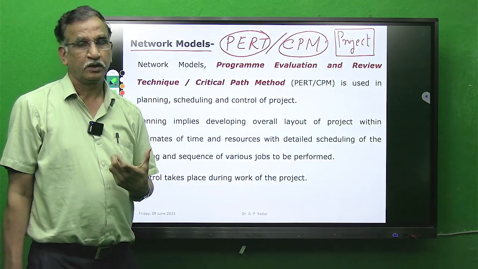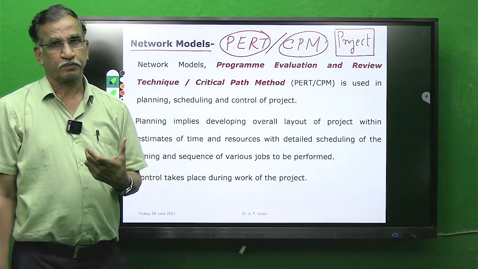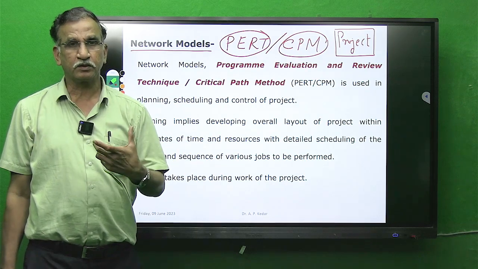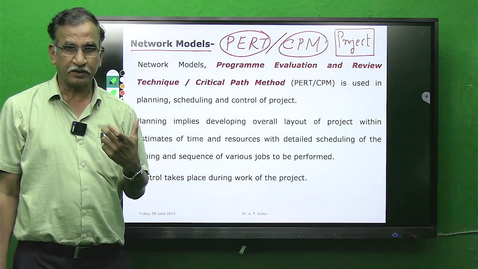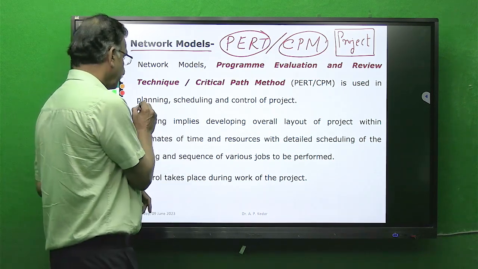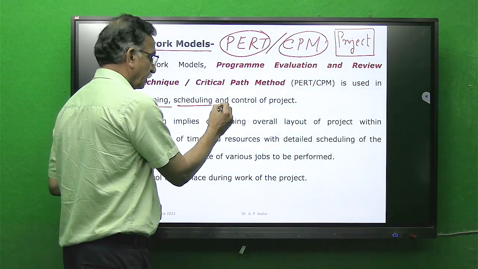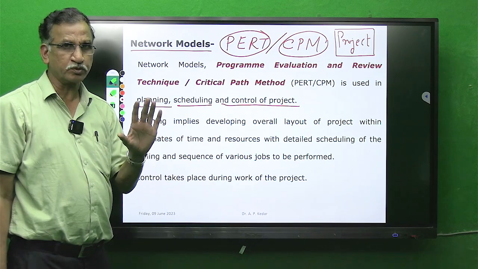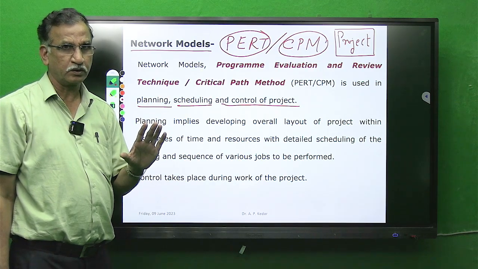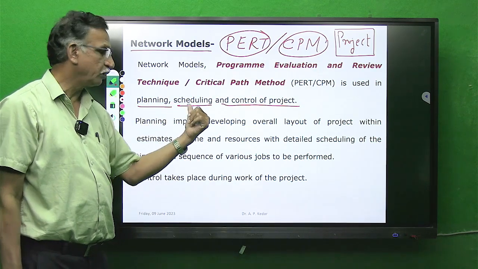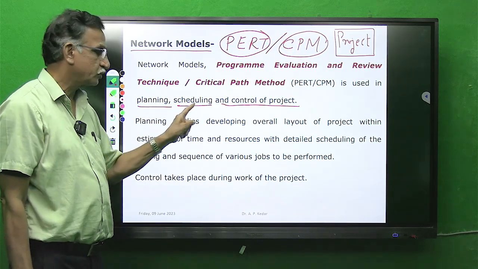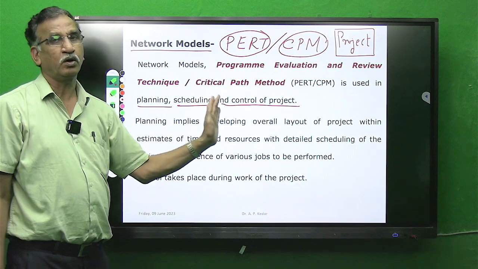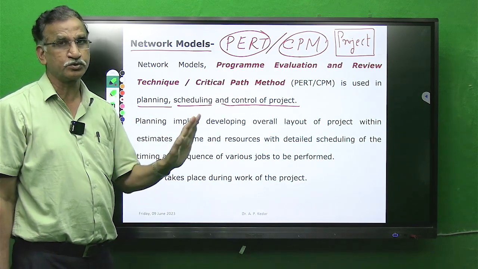In the very beginning of this lecture, I clarified the term project management, and under that I used these three words: planning, scheduling and control of the project. Any project will have these three important activities. This is the first, second and third task to be followed in order for the entire execution of the project.